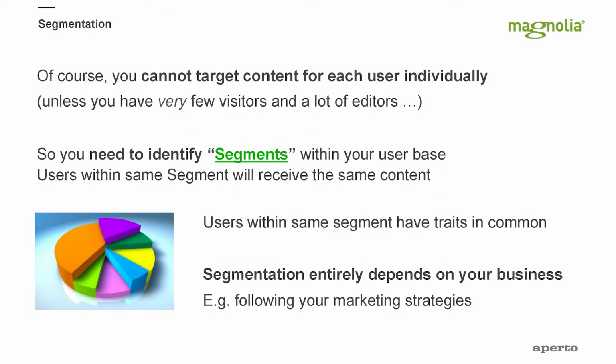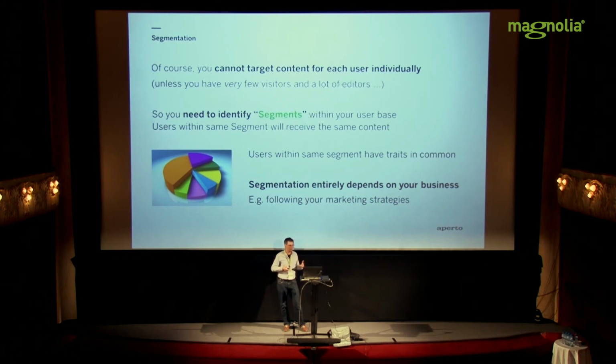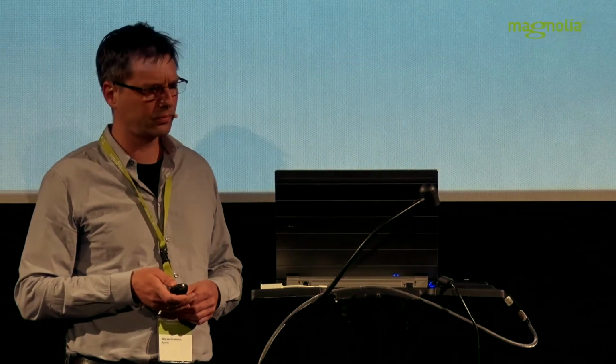but we're really getting closer to the personalization features of Magnolia. One important thing to mention, or let's call it an abstract concept, is segmentation, which is, I think, a term from online marketing. Of course, you cannot target each user absolutely individually, because then you would have something like a one-to-one relationship between editors and visitors of your site. So you've got to identify groups of users, which are called segments in online marketing.